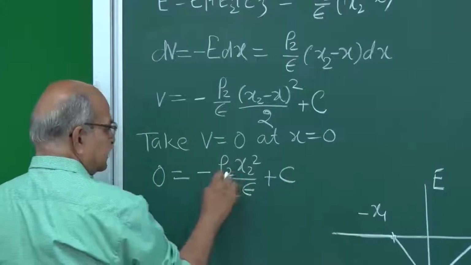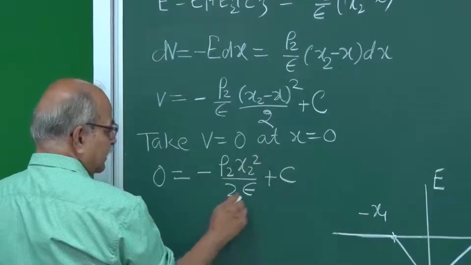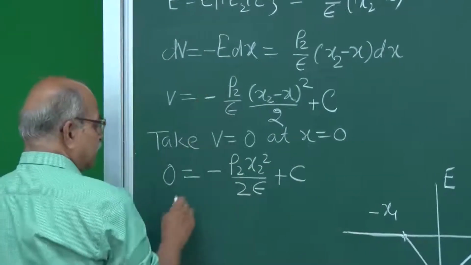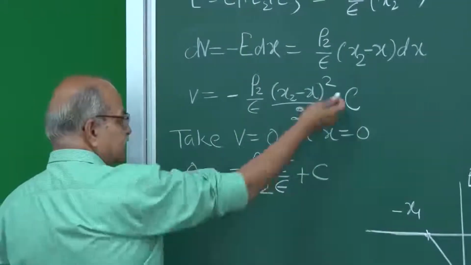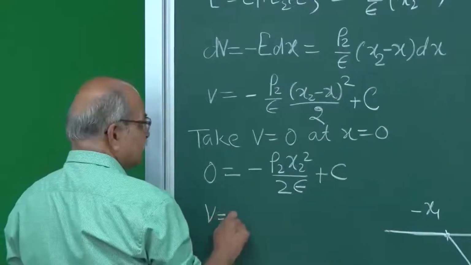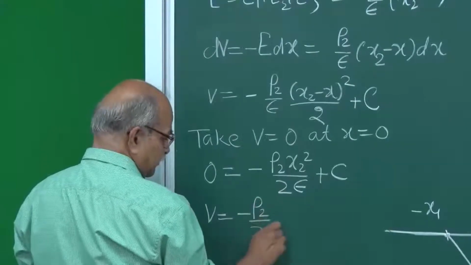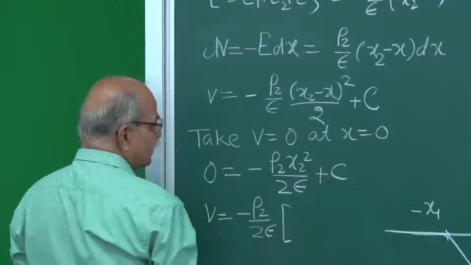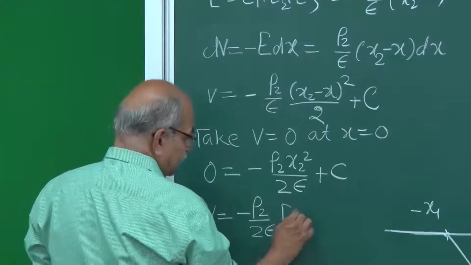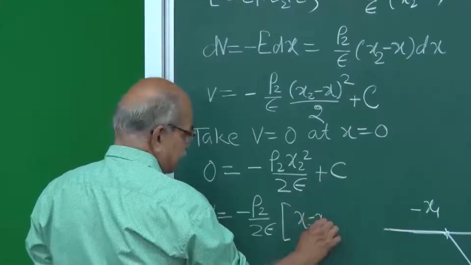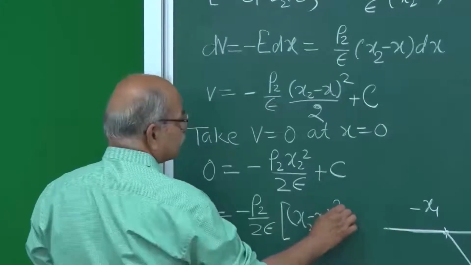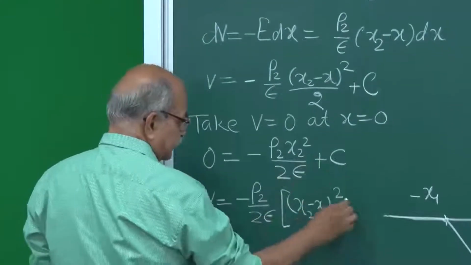So, c is rho 2 x2 square by 2 epsilon. You put that c there and you get V is equal to minus rho 2 over 2 epsilon times the quantity x2 minus x whole square minus x2 square.